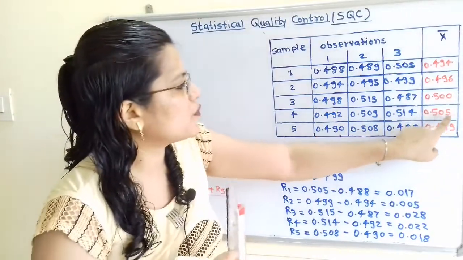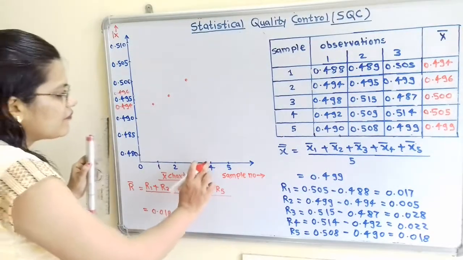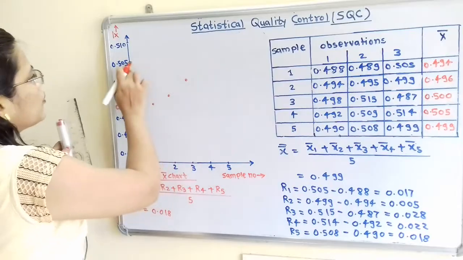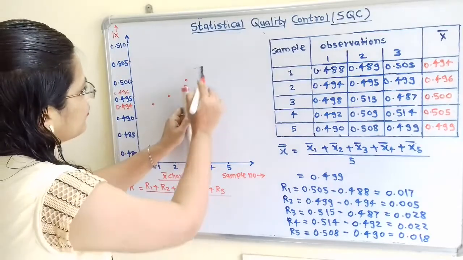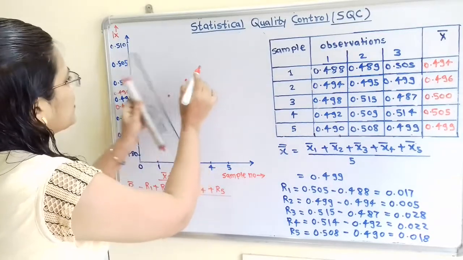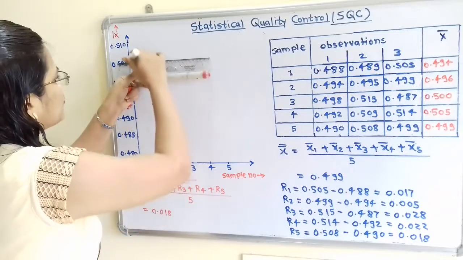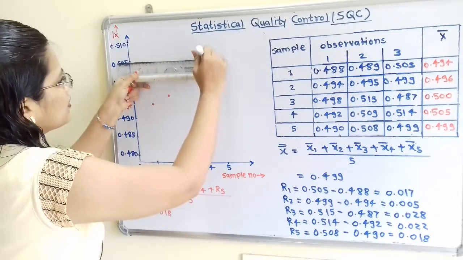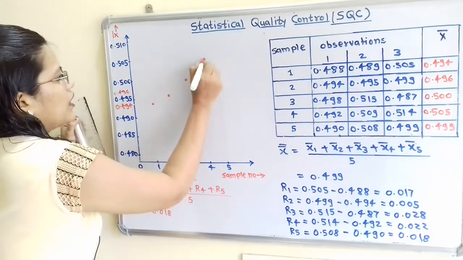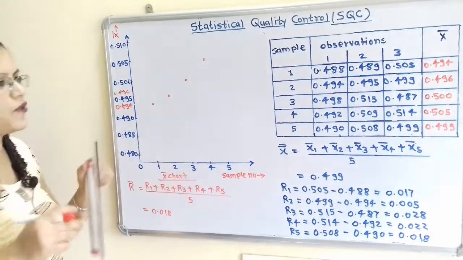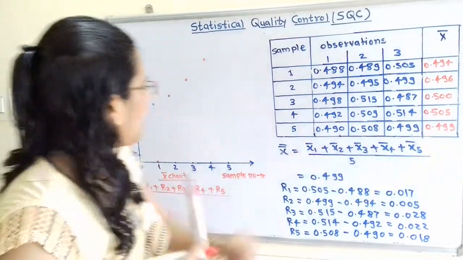Then next one, 0.505. So for the fourth sample, it is 0.505. So that is also available. So on this vertical line, and here is the horizontal line. So here is the point of intersection. So I will show here this point. Then 0.499.